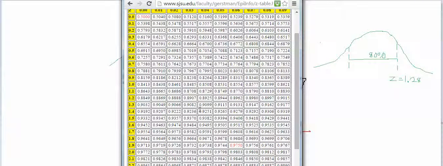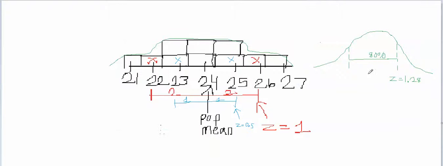And what I actually had to do first was find the total percentage, not just in the middle area, but all the way to the left. And I'll explain why. The way the z-table is set up is to give you areas to the left of the z-score, meaning the area from the z-score all the way to the left of the curve.